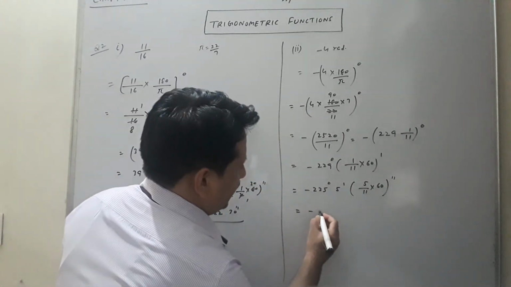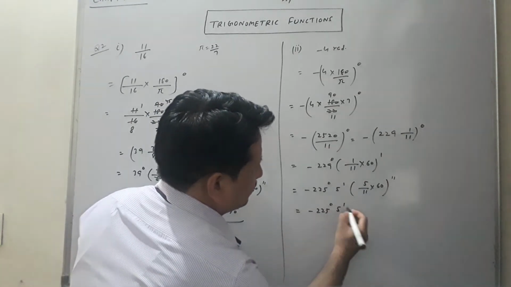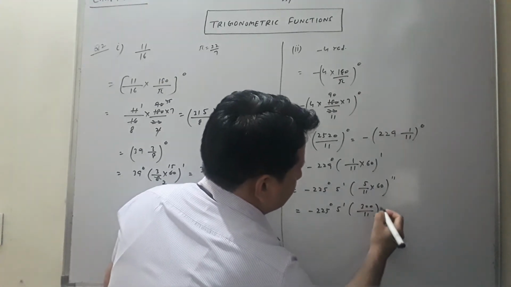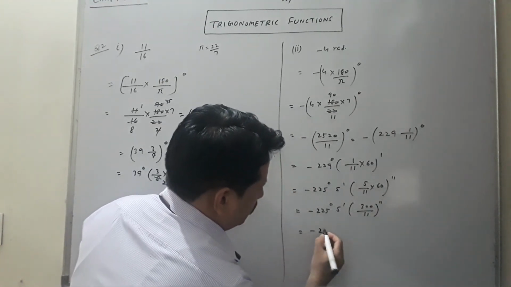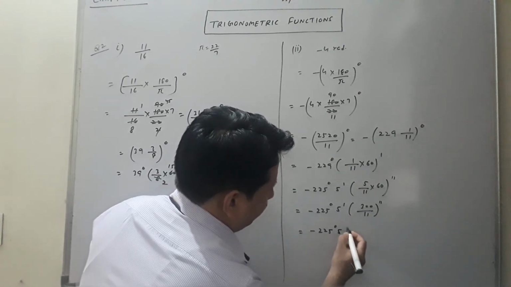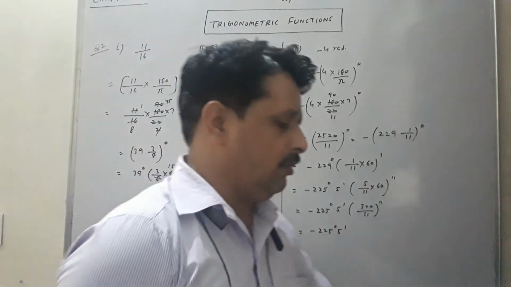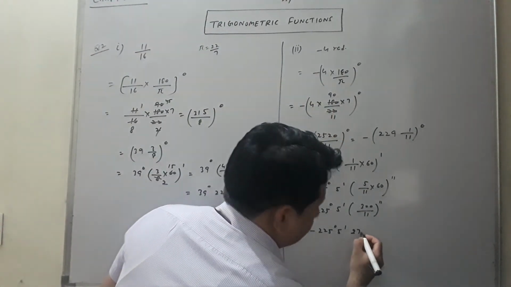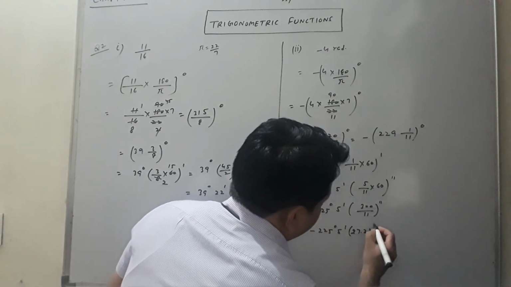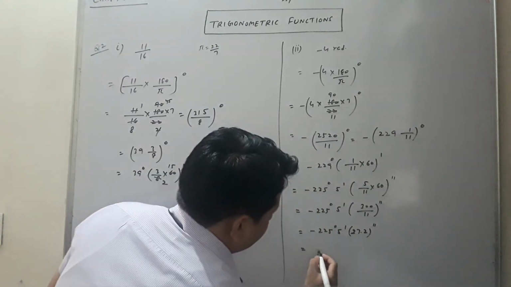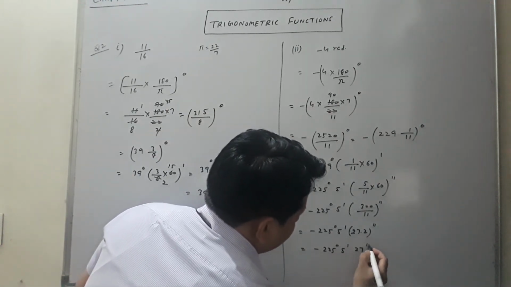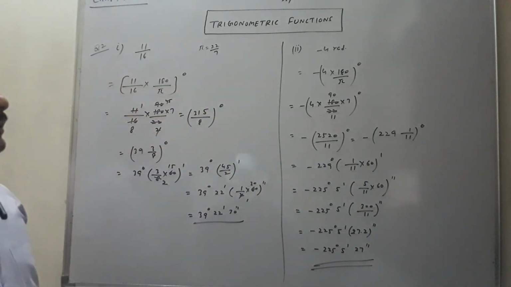So it will come as minus 225 degree 5 minutes, and students, here it will come as 300 by 11 seconds. And now we will divide this by 11 and it will come as 27.2, that is seconds, or approximately we can write 225 degree 5 minutes and 27 seconds. And that will be the answer of this question. That is its second part, students.